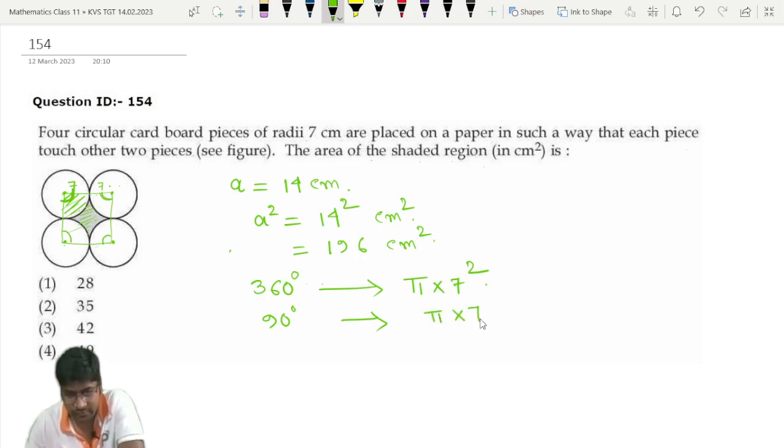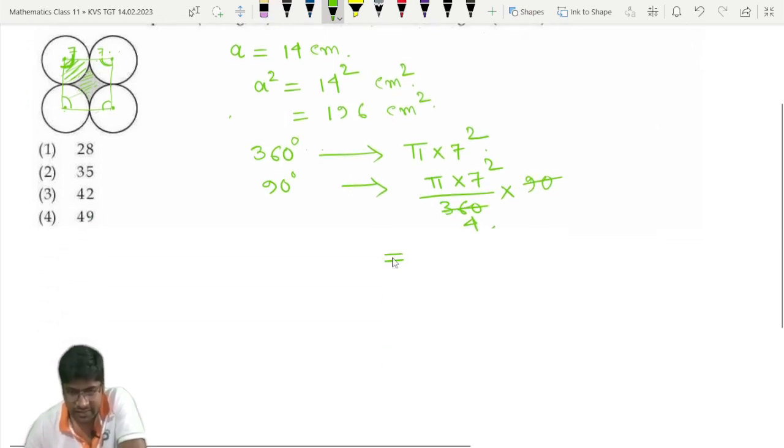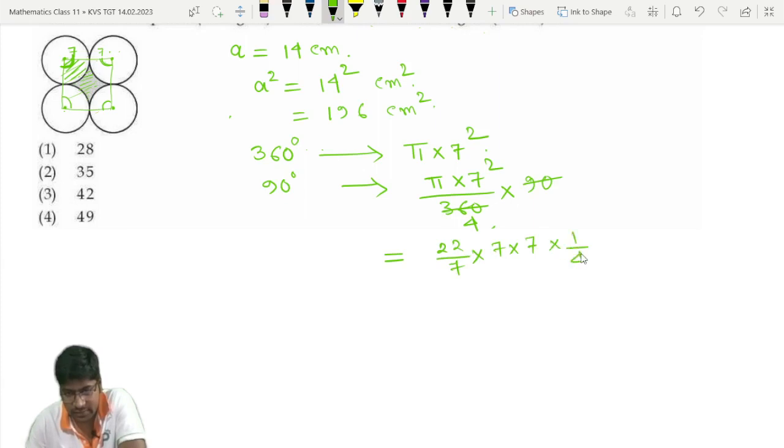So pi into 7 square divided by 360 into 90, that is 1/4. Pi means 22 by 7, into 7 into 7 into 1 by 4. The 7 will be cancelled, and we get 77 by 2. So the area of this sector is 77 by 2.